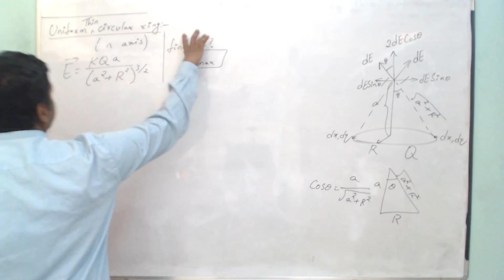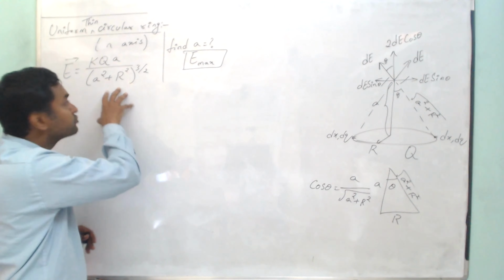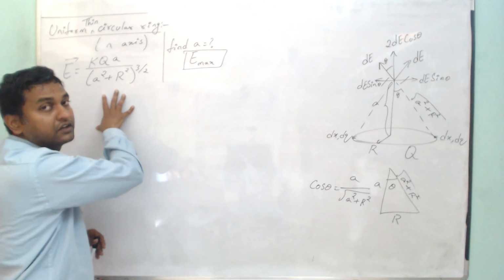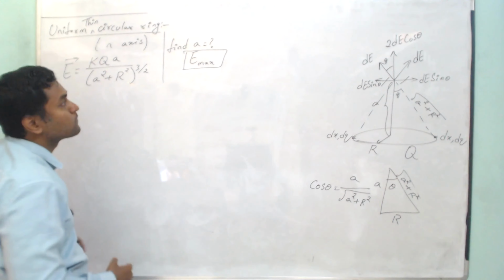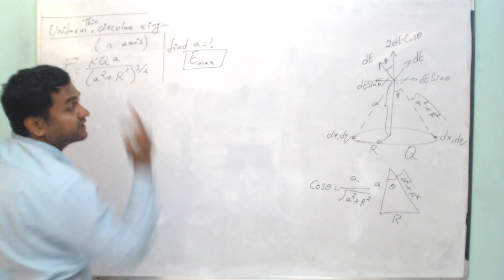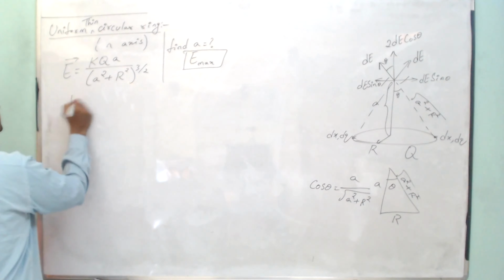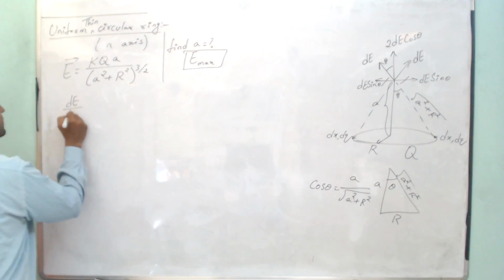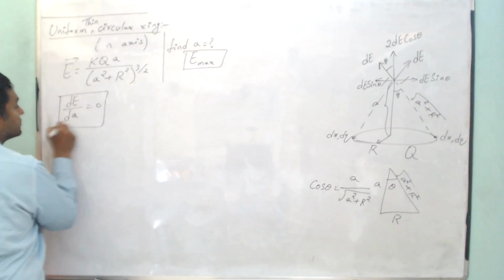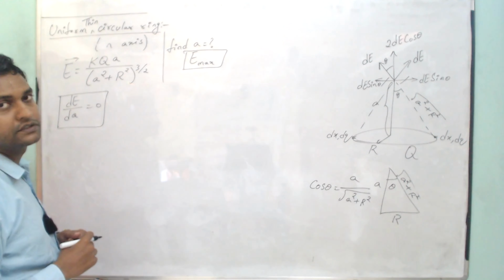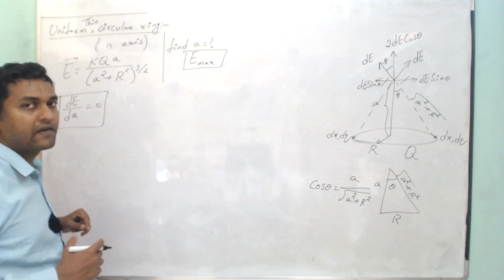For this kind of question, of course, he will not give you this also. We are supposed to know the electric field due to a ring at a point on the axis. He'll only ask: find a where the electric field is maximum. Automatically, my first step has to be that the derivative of the electric field with respect to a should be 0, because the only variable that we are considering here is a.